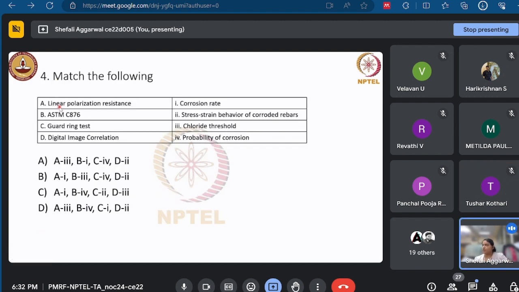Match the following: linear polarization resistance, ASTM C876, guard ring test, digital image correlation. And then we have the options: corrosion rate, stress strain behavior of corroded rebar, chloride threshold, and probability of corrosion.